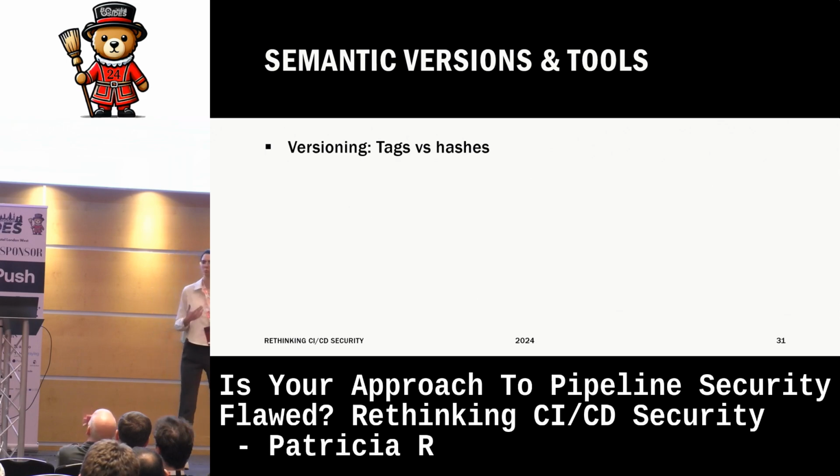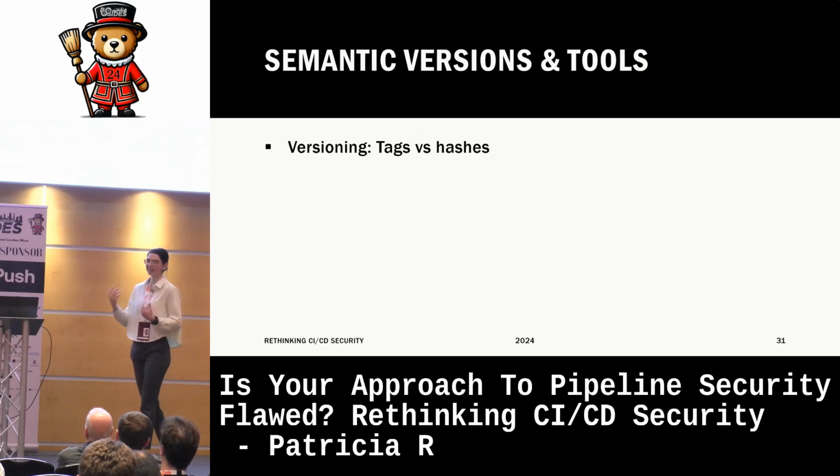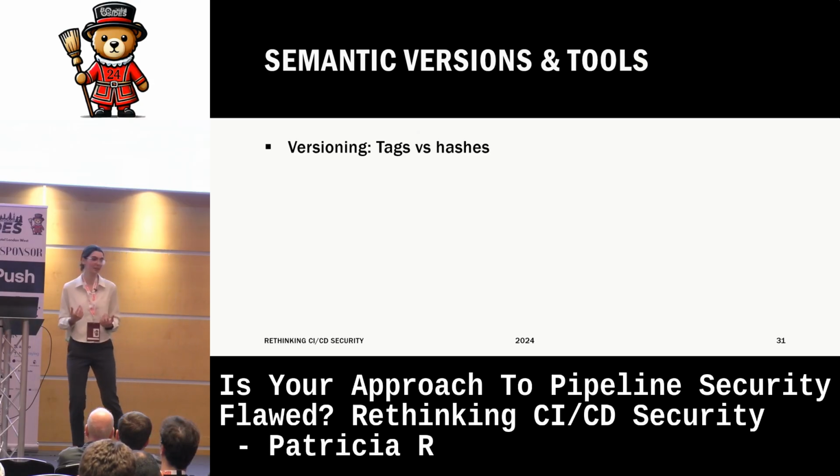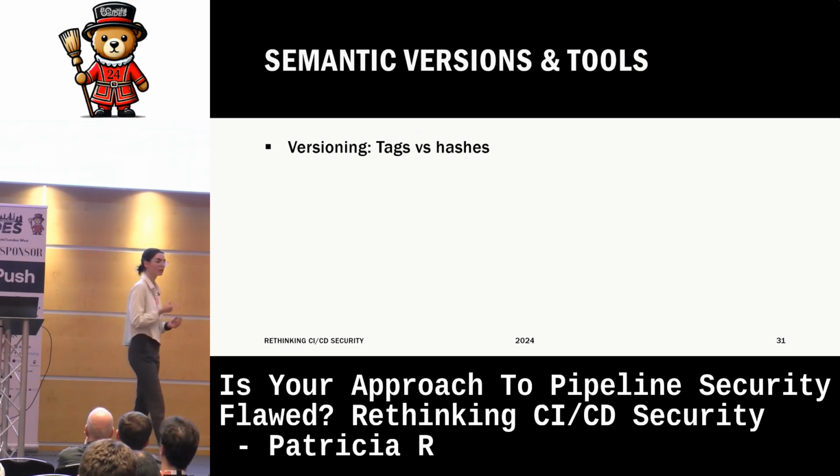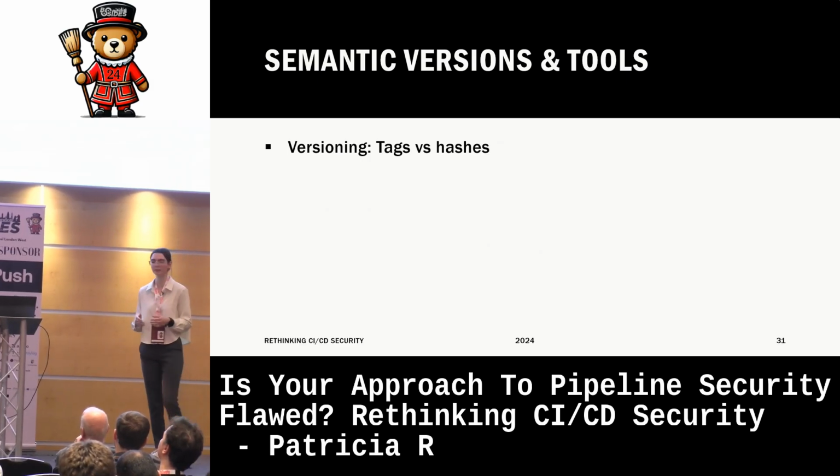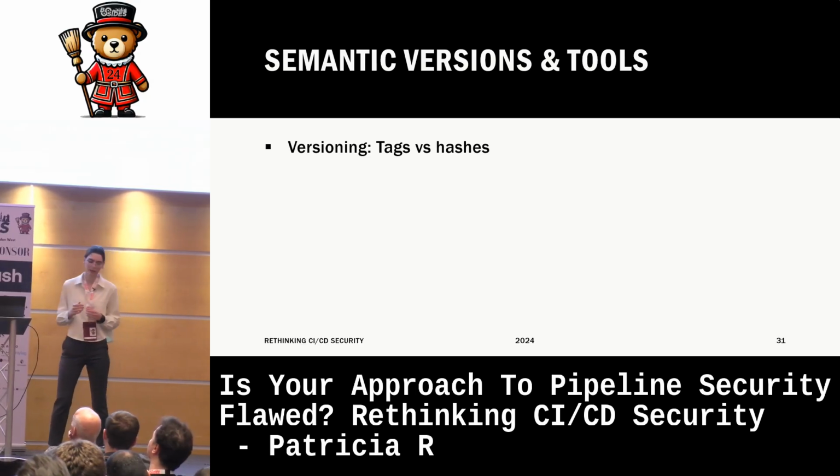If you work with containers and container versions, as security people, we don't really like to use latest, because latest is always changing. You never know what's actually in the latest version.